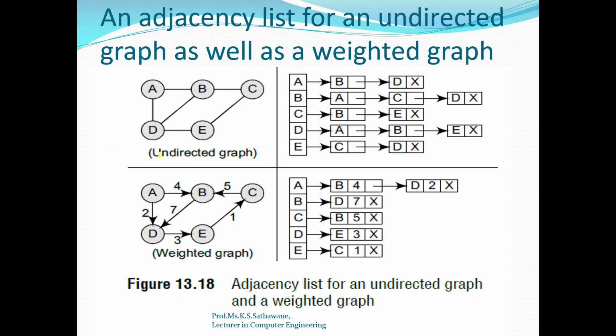So here you are having an undirected graph, which means the edges do not have any value. So how many nodes are there? A, B, C, D, E. 5 nodes are there.